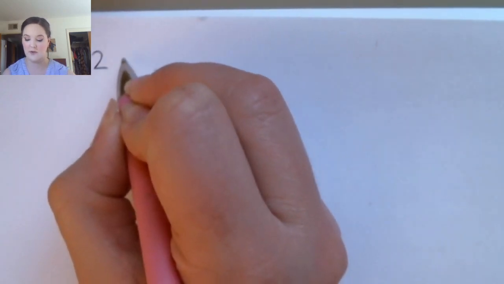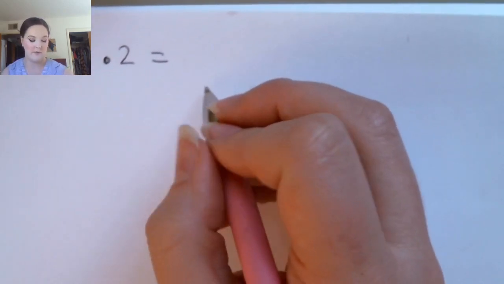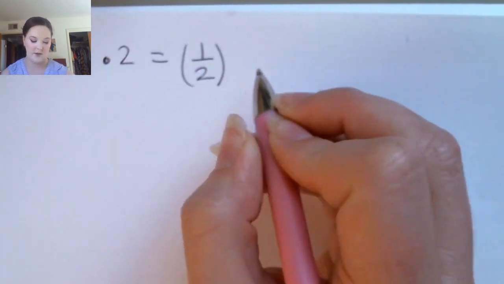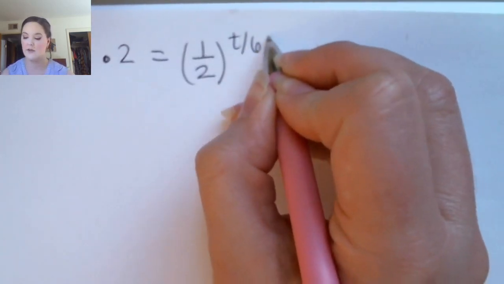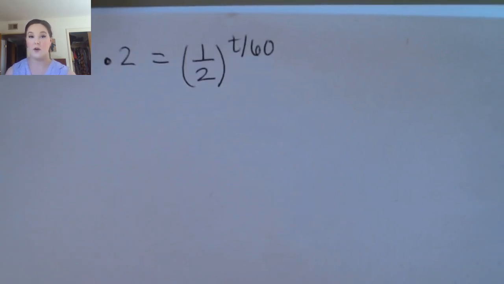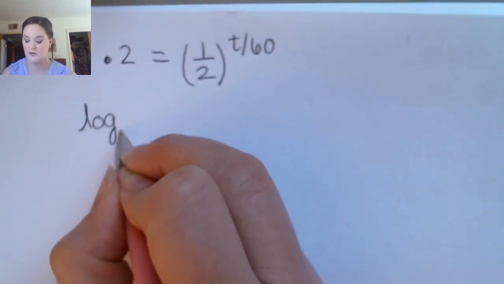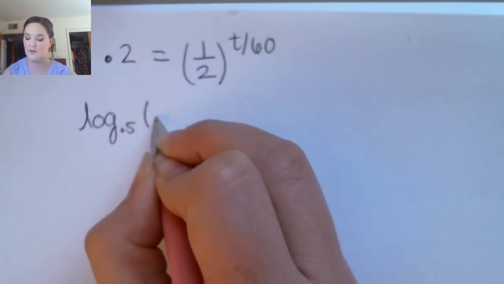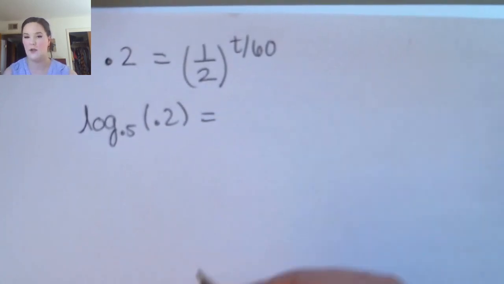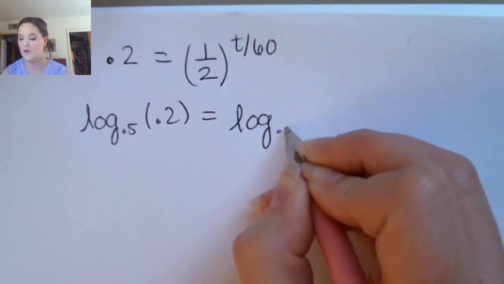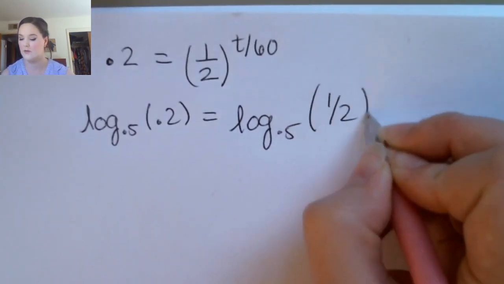Okay, so where we were at was we had 0.2 equals 1/2 to the t over 60. Okay, so you could also use log base 1/2, so we do that. Okay, so log base 0.5 of 0.2 equals log base 0.5 of 1/2 to the t over 60.